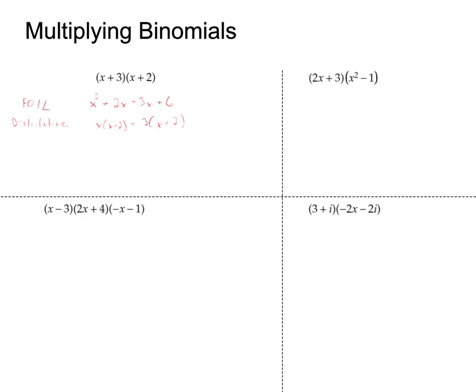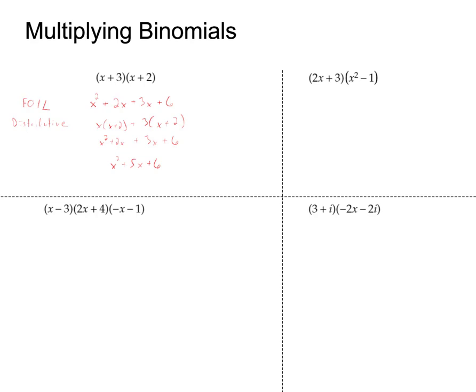And you'll notice here when we do this, we get x squared plus 2x plus 3x plus 6. You'll notice when we do FOIL or the distributive property, we get the same exact thing. X squared plus 2x plus 3x plus 6, or we can simplify that further, x squared plus 5x plus 6.